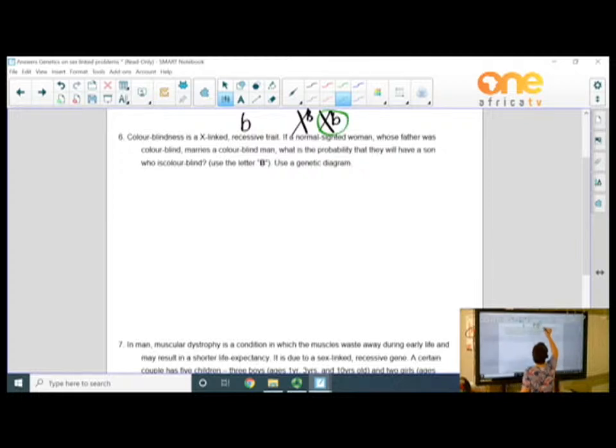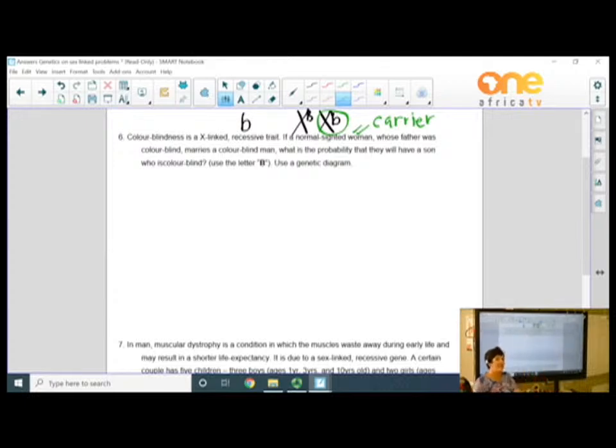So this woman is definitely a carrier, unfortunately for her children. She's definitely a carrier, right? Because her father was colorblind. One X she got from her mother, but the other X came from the father.